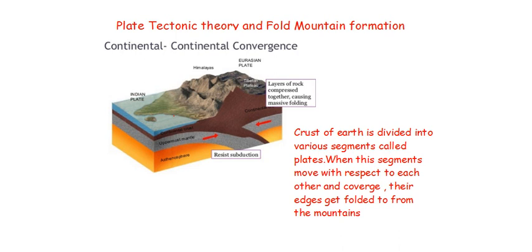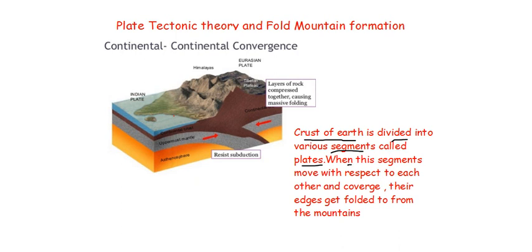Now, how does plate tectonic theory define the formation of fold mountain, or how does this theory explain the formation of fold mountain? According to the plate tectonic theory, the crust of the earth is divided into various segments called plates.